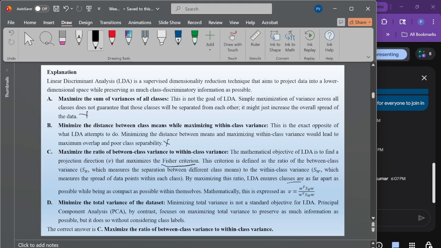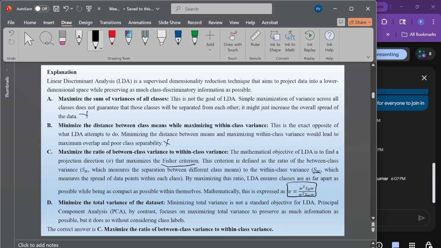The criteria is defined by this equation: the ratio of the between class variance, SB, which measures the separation between the different class means, to the within class variance, SW, which measures the spread of the data points within each class. LDA maximizes this ratio.